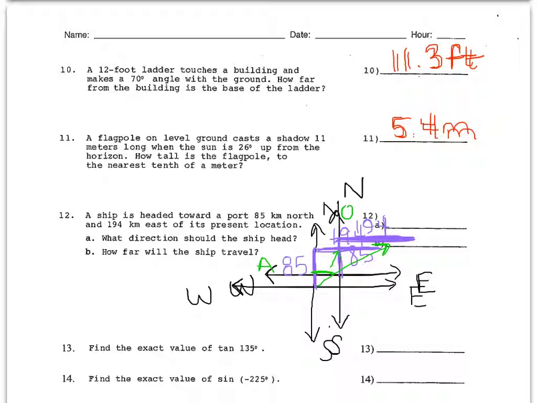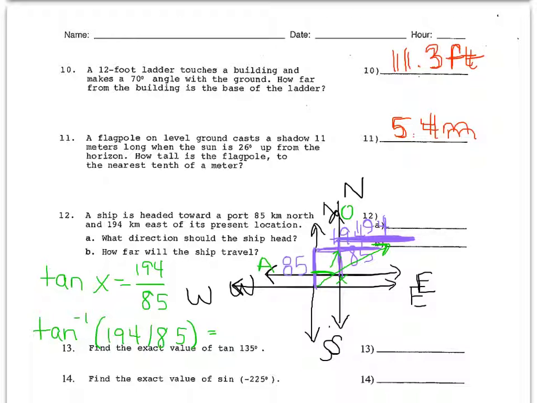So I know this is going to be tangent. I would set up tan of x, because the angle is what I don't know, that's your x, is equal to 194 over 85. And then in your calculator, I would type in tan -1 of that fraction, 194 divided by 85.